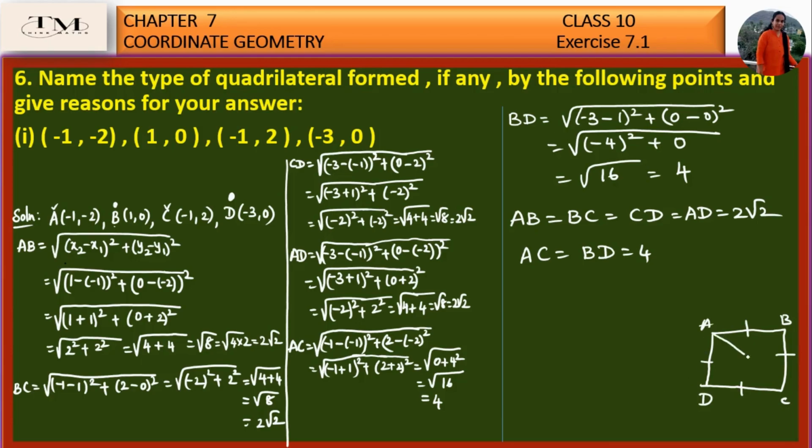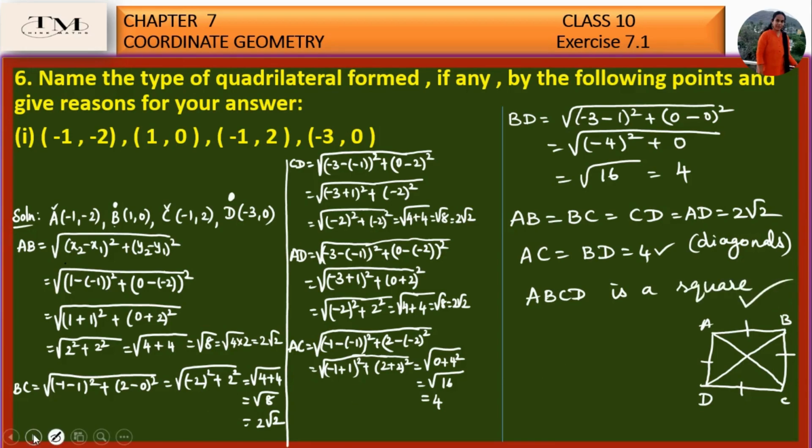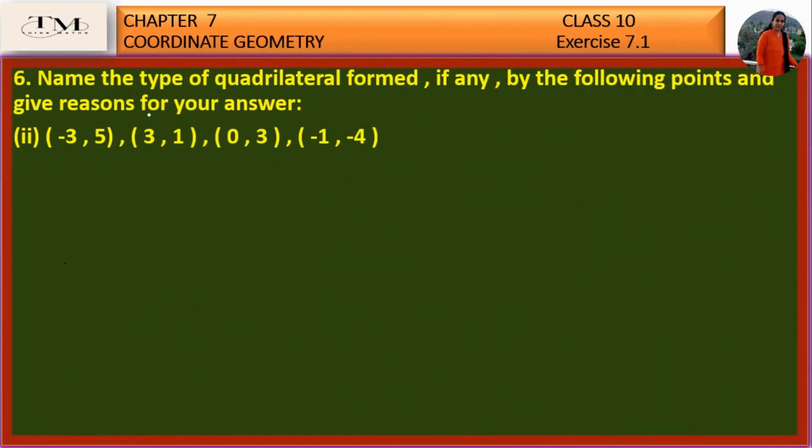So what about the diagonals AC and BD? They are also equal. So diagonals are equal and sides are equal. That means ABCD is a square. So this is the answer for the first part. Okay, so moving on to the second part.